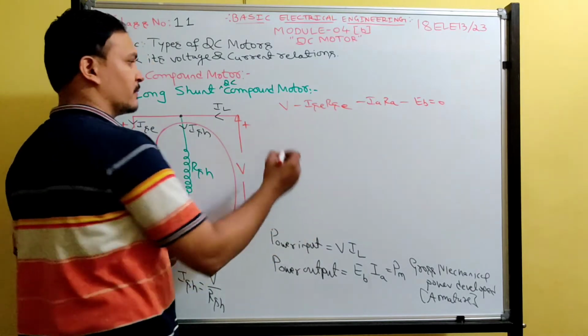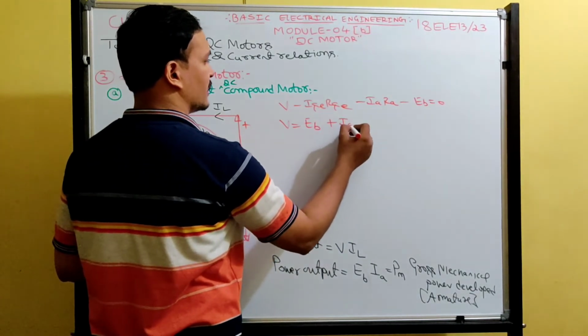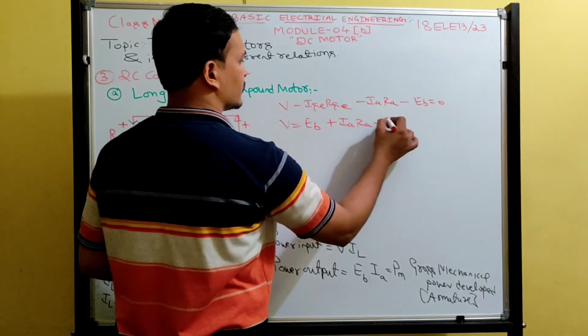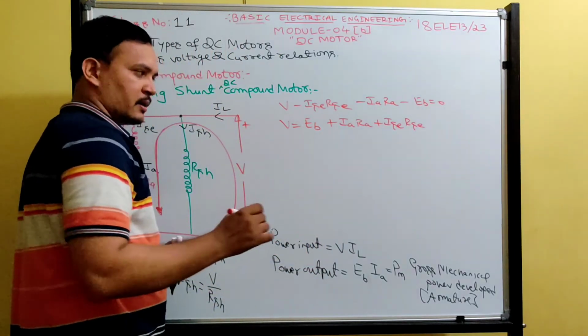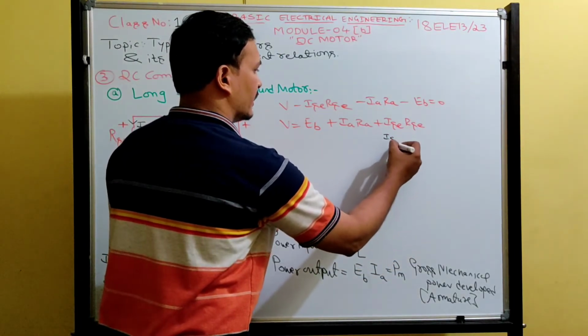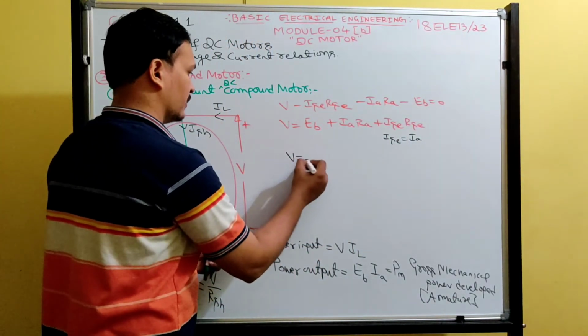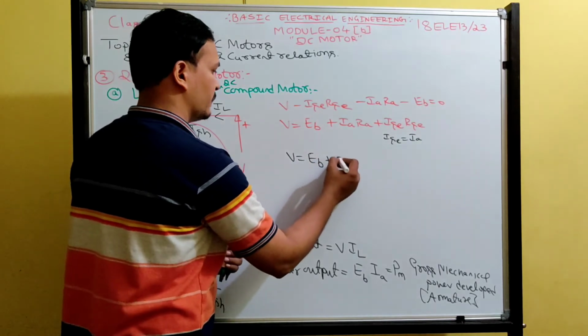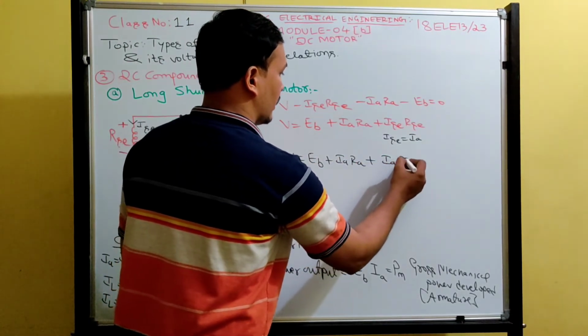Now, basics. We can write from this: next step will be EB plus IA RA plus ISC RSC. Here I am changing again, ISC equals IA. Further, V is equal to EB plus IA RA plus IA RSC.